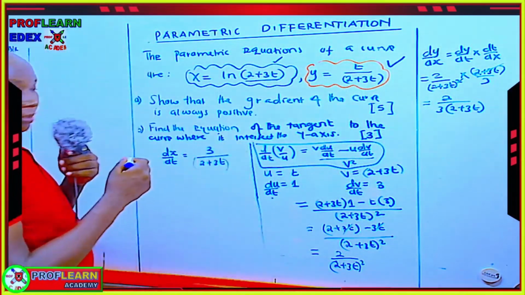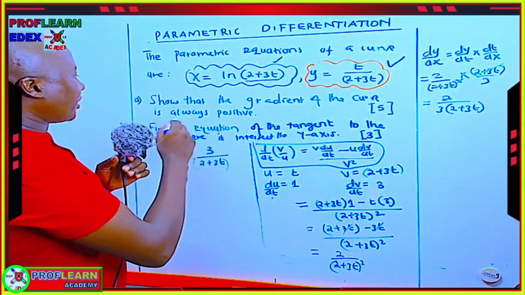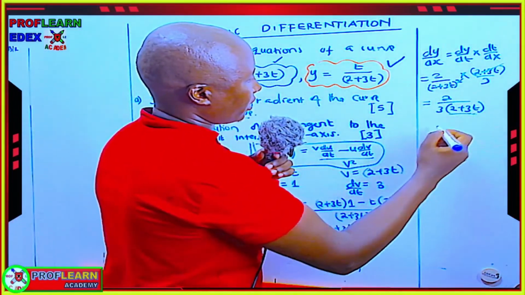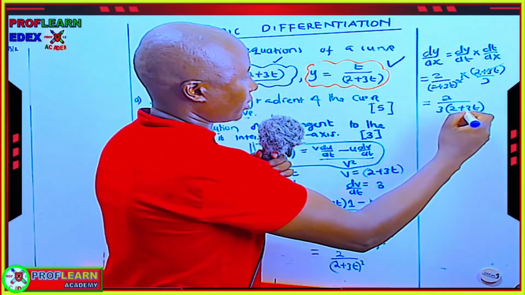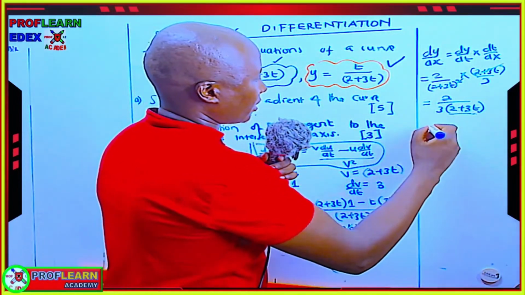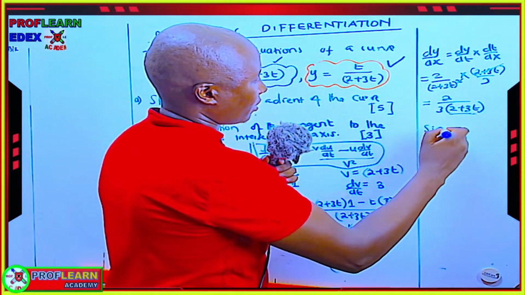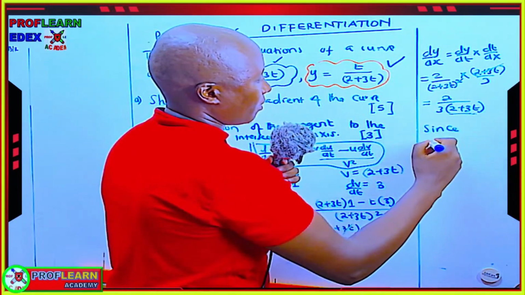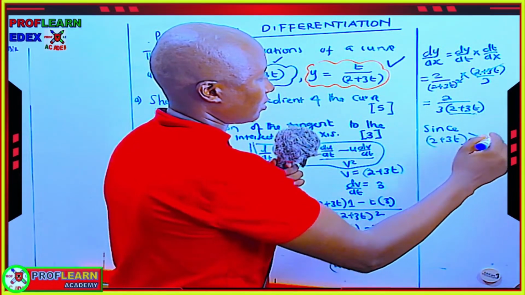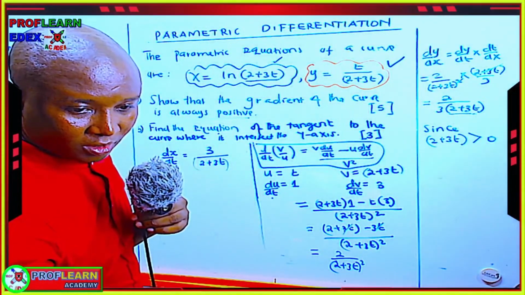So the first question was, we were supposed to show that the gradient function is always positive. So the expression is this, and you can see it's positive. So this term is positive, and this is 3 plus that. So we're going to say that since 2 plus 3t is greater than 0, you can check whether there is any condition that was needed.